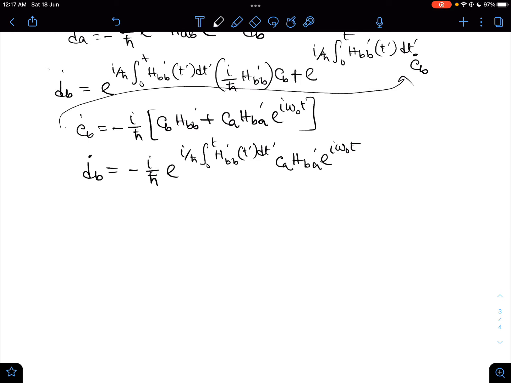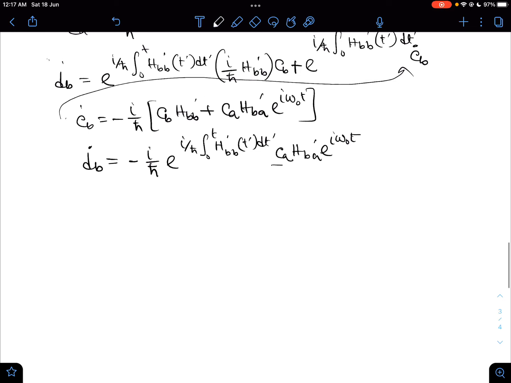Now again we can replace this c_a by d_a, and c_a will be i/ħ integral from 0 to t of H'_aa(t') dt' and d_a we have.